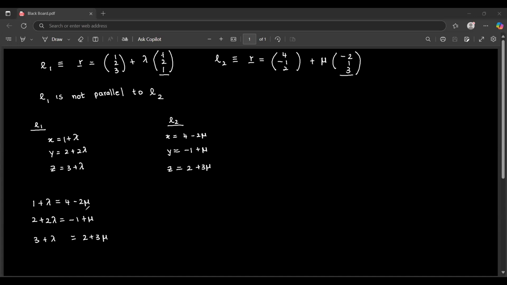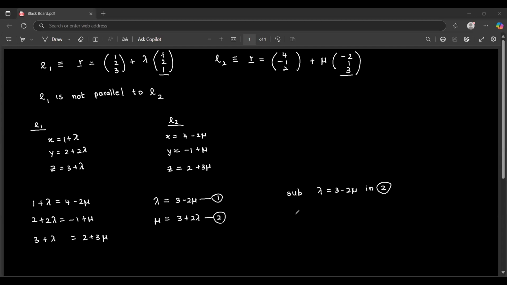And now how can we find this? Well, we have to come up with equations here. So lambda is equal to 3 minus 2 mu. This will be the first equation. And in the second equation, mu is equal to 3 plus 2 lambda. That is the second equation. I'm going to sub lambda equals 3 minus 2 mu in the second equation.